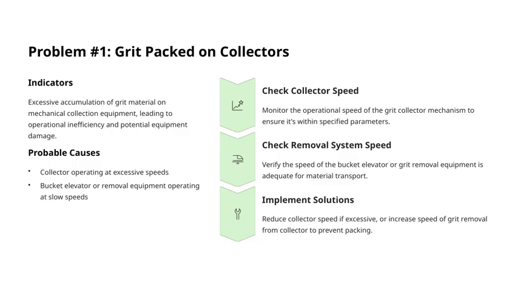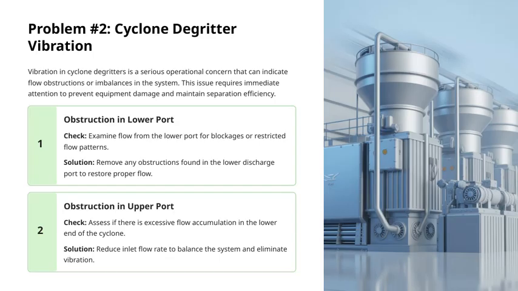Alternatively, if the grit removal system isn't keeping up, increasing its speed will facilitate better removal and prevent buildup. Overall, maintaining the right balance in speeds is crucial to keeping the system running smoothly and avoiding the problems caused by packed grit.